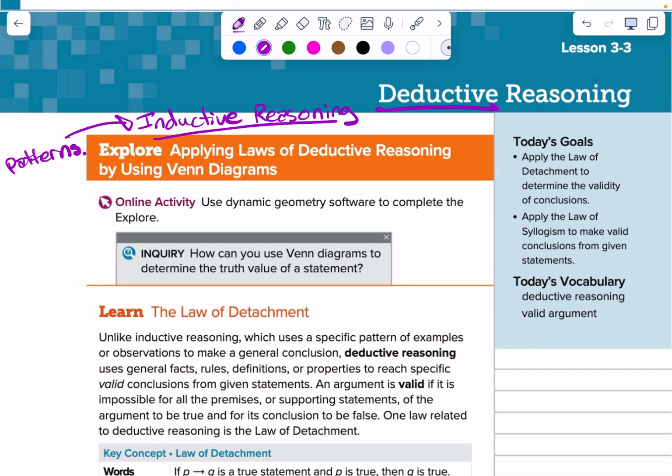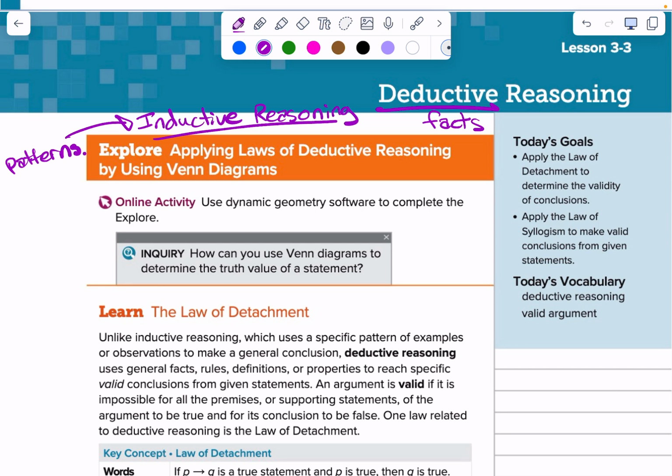Inductive means I'm taking all of that supporting information and putting it into a conclusion, which is called a conjecture. Do you remember that word? Conjecture, conclusion. That was inductive reasoning. Deductive reasoning is based upon facts. I am looking at a statement and deducing information out of it, pulling information out of it based upon facts.